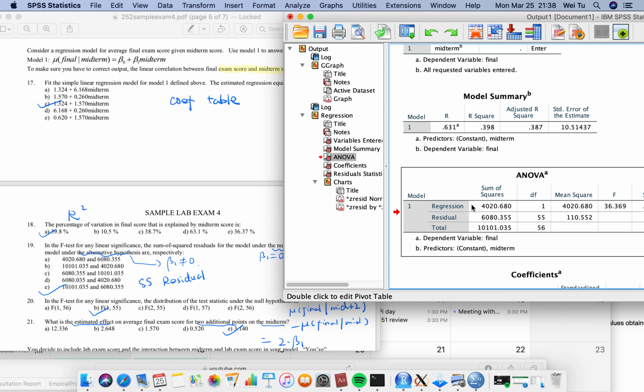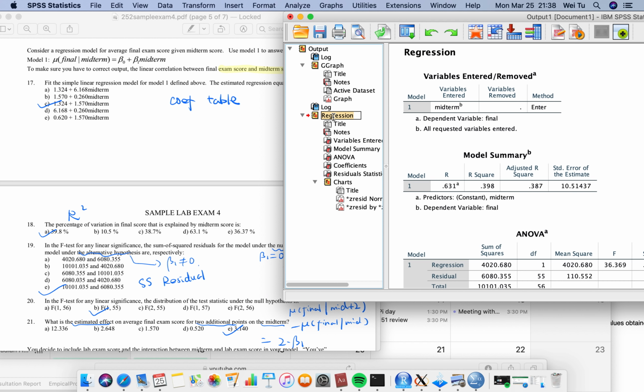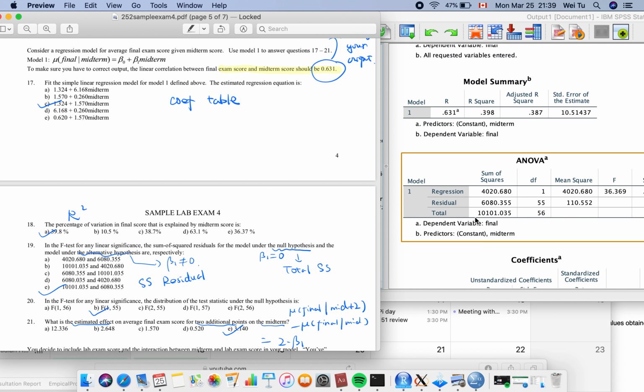So let's take a look at the ANOVA table. So again, change this to model 1. Okay. So again, the null hypothesis here is that beta 1 equals 0. So no effect of midterm score.